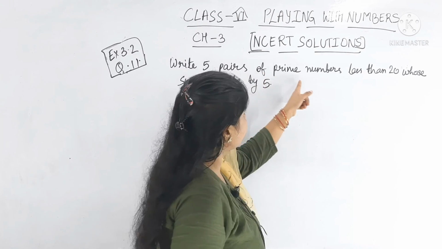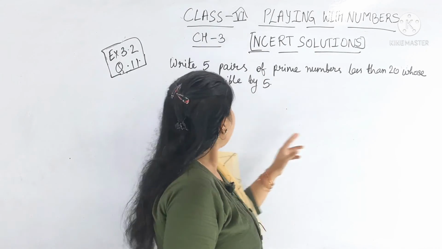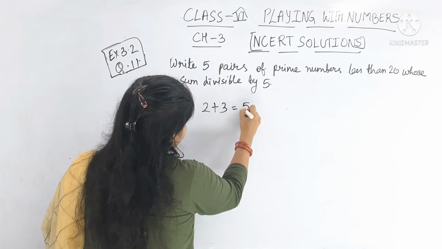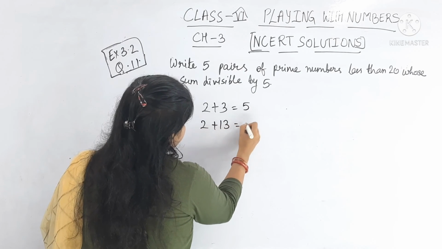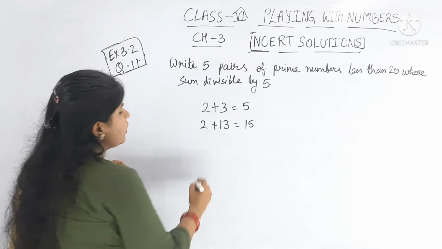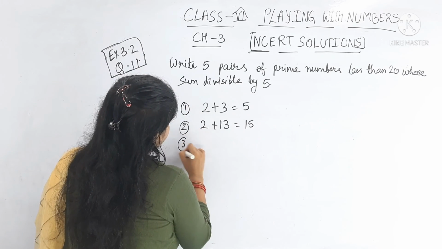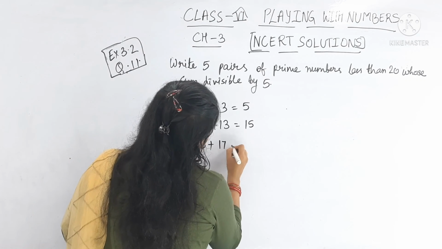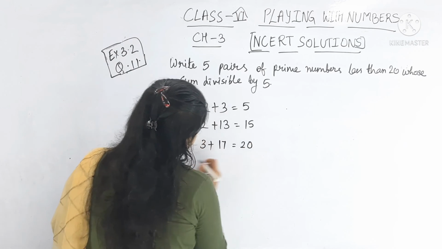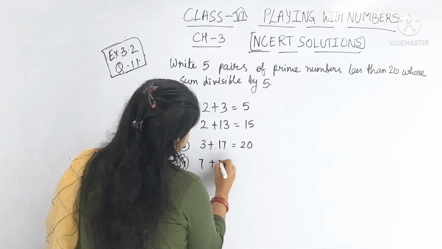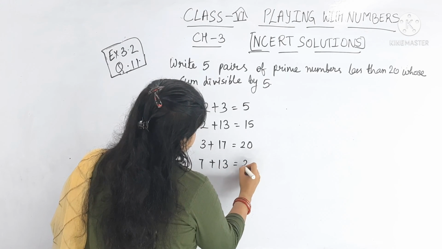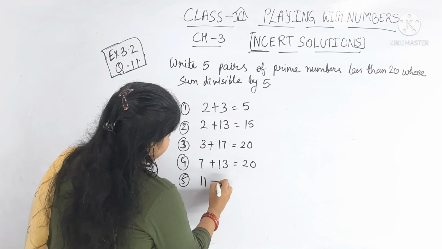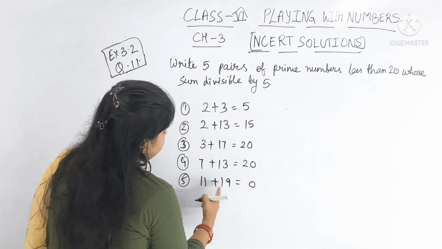We can write 2 plus 3 is equal to 5; number 2, 2 plus 13 that is 15, it is divisible by 5; number 3, 3 plus 17 that is 20; number 4, 7 plus 13, it is also 20, divisible by 5; number 5 is 11 plus 19, that is 30.